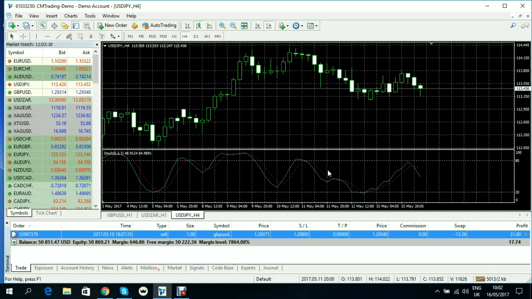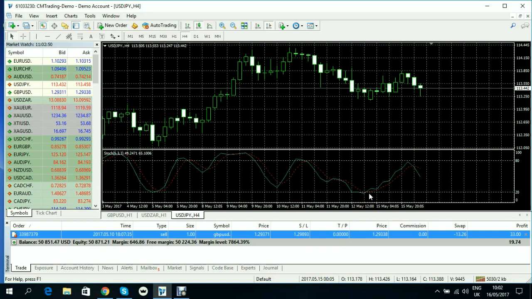The most important thing to note about stochastic is when the price is overbought, that is when the price moves above 80, or oversold, that is when the price moves below 20, it becomes more expensive in terms of spread for a trader.